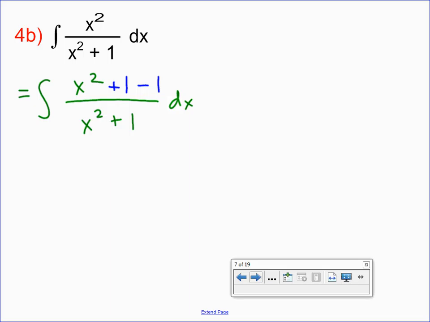However, if I now look at this as a sum or difference in terms on top, and group that x squared plus 1 together, I can now break up this difference of two terms in such a way that I produce an integrand that I can handle using our previous technique.